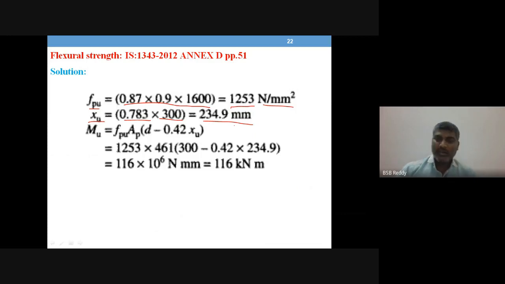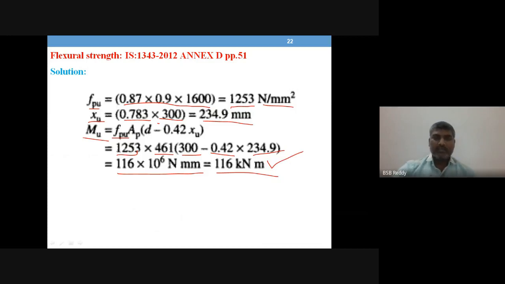Now substitute those values into MU, where FPU is 1253, area of prestressing steel is 461, D minus 0.42 XU. So that is 116 into 10 power 6 Newton mm, nothing but 116 kilonewton meter, the moment that it can resist.